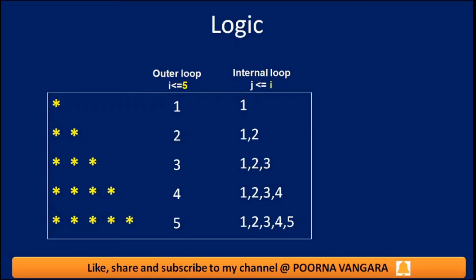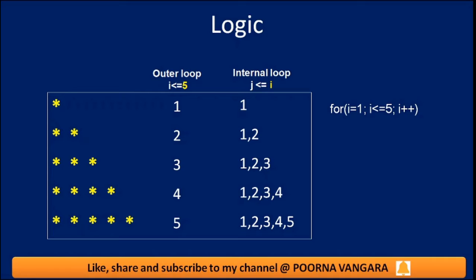So in this process j will progress like this. In line 1, j will stop at 1 itself. In line 2, j will stop at 2. Similarly, in line 5, j will stop at 5. So this is the for loop, the outer loop: for I equal to 1, I less than or equal to 5, I plus plus.